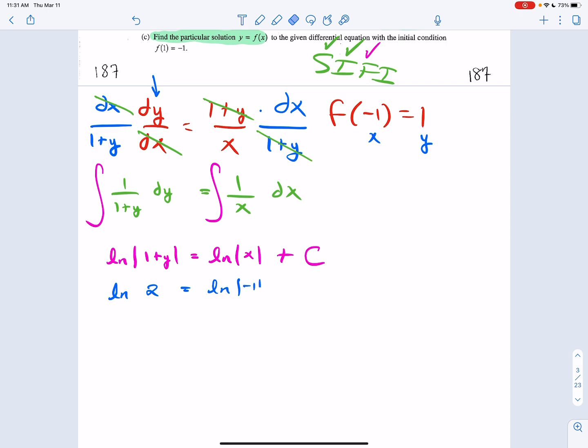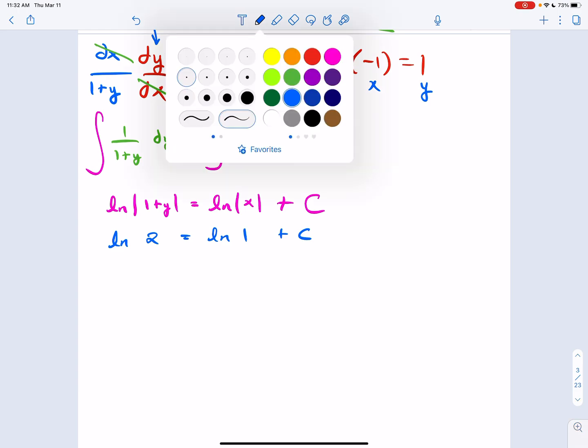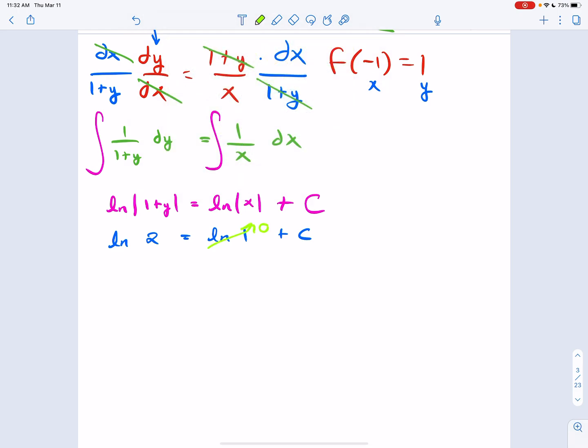Okay, actually, I'll just put 1 here. Plus c. All right. Now, you should know that the natural log of 1 comes out to 0. You should know that. And if you don't know that, make sure that you remember it. So c comes out to a weird natural log of 2, but it doesn't matter.